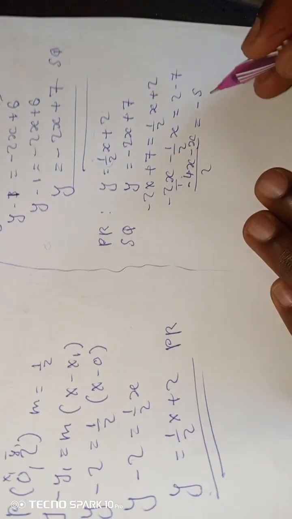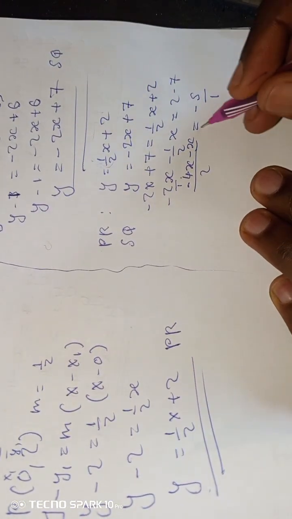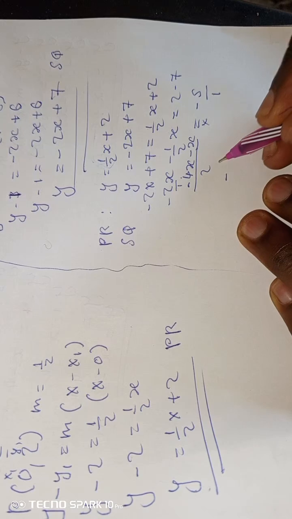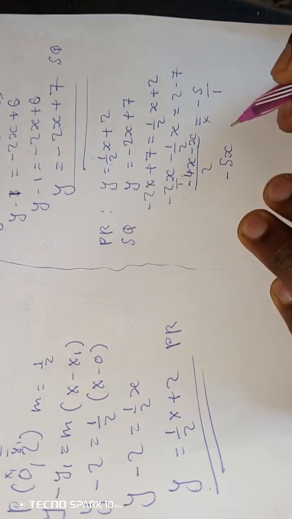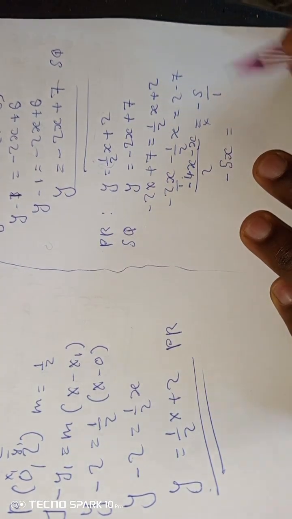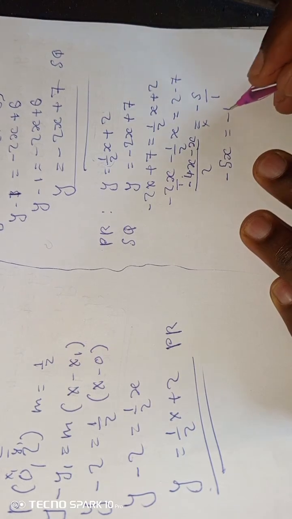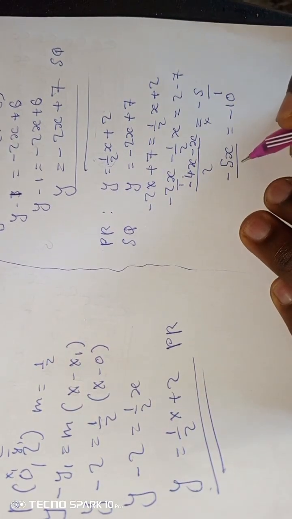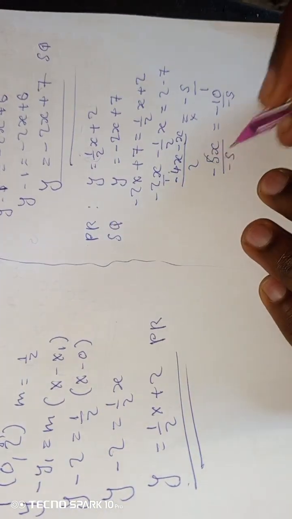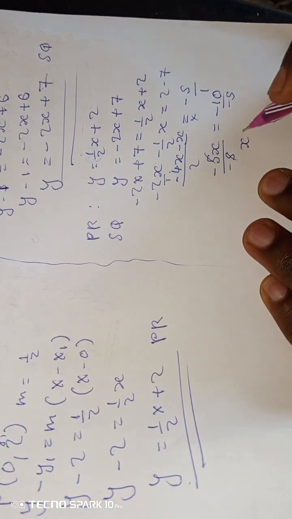So from here, we cross multiply, and negative 4x minus x gives us negative 5x equals 2 multiplied by negative 5, we'll get negative 10. Divide both sides by negative 5, so this and this cancel, so we'll have x equals 2.